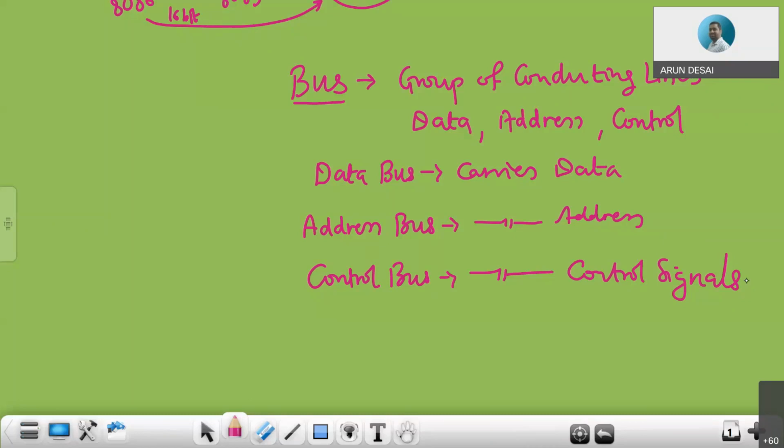One more term which is used is system bus, right? What is system bus?